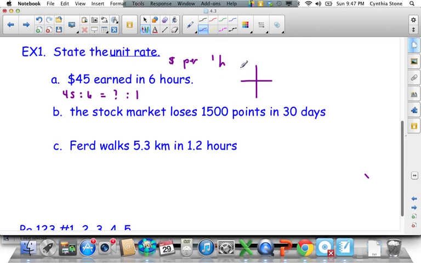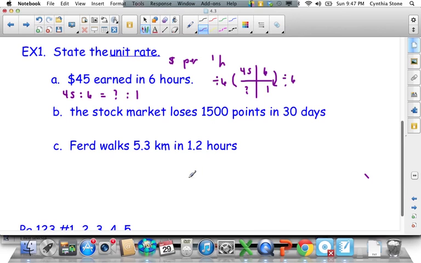So 45 and 6, and I don't know, and 1, right? So I divide this side by 6 to get there. So if you divide 45 by 6, you can get your unit rate per hour.